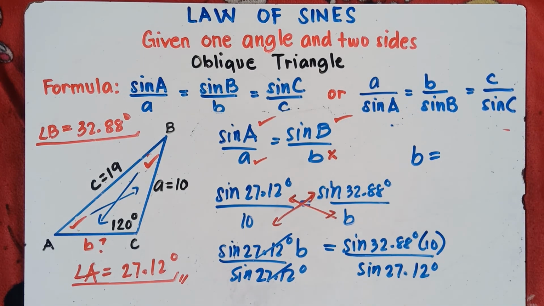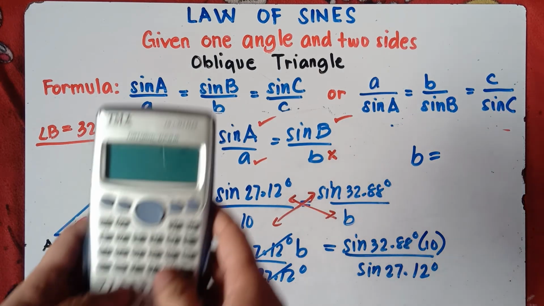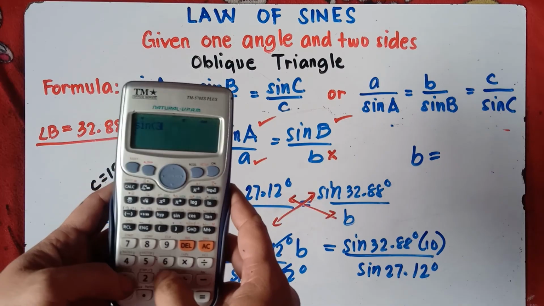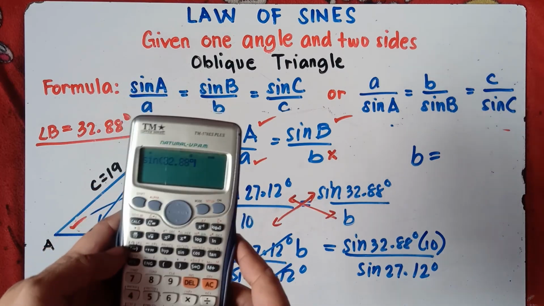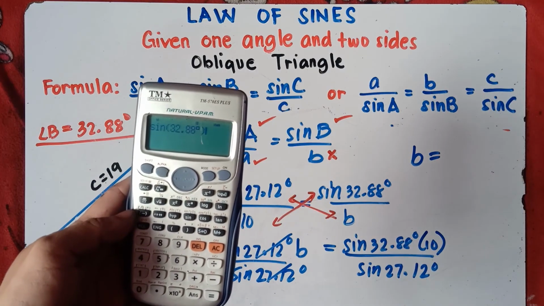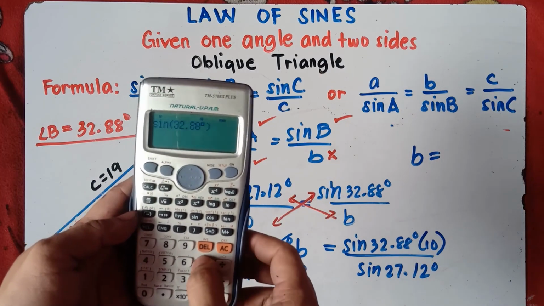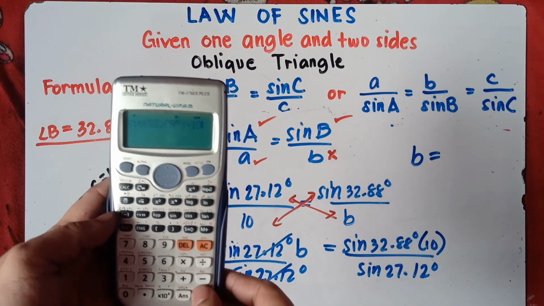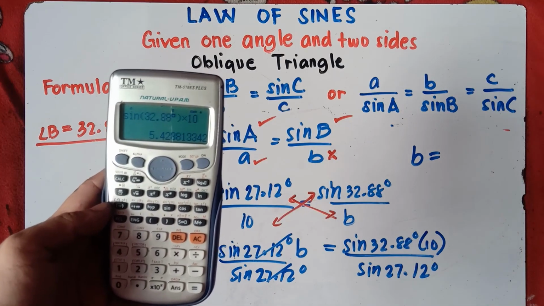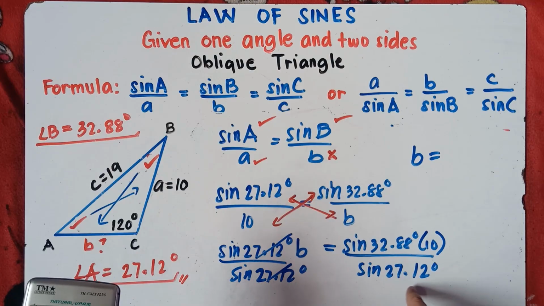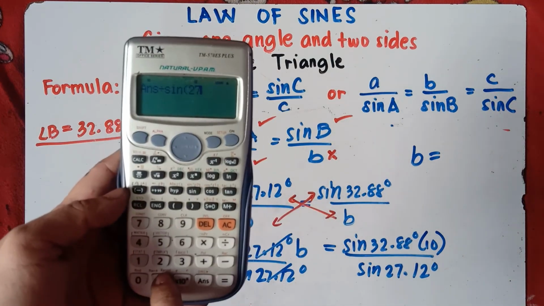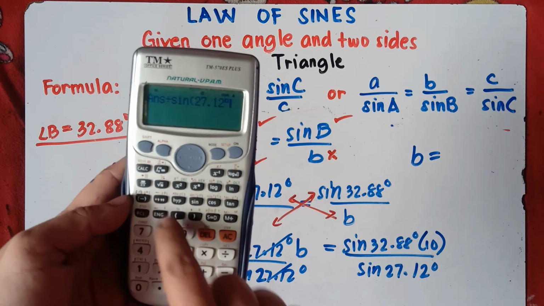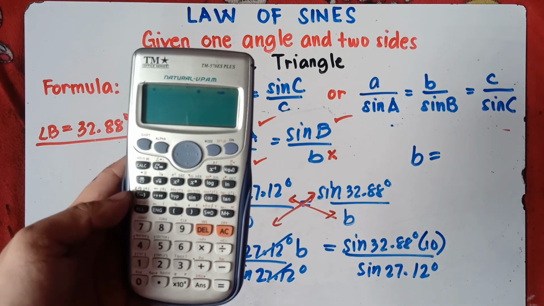This will be sine 32.88 degrees, close parenthesis, times 10, equals, then divide by sine 27.12 degrees, close parenthesis, equals.